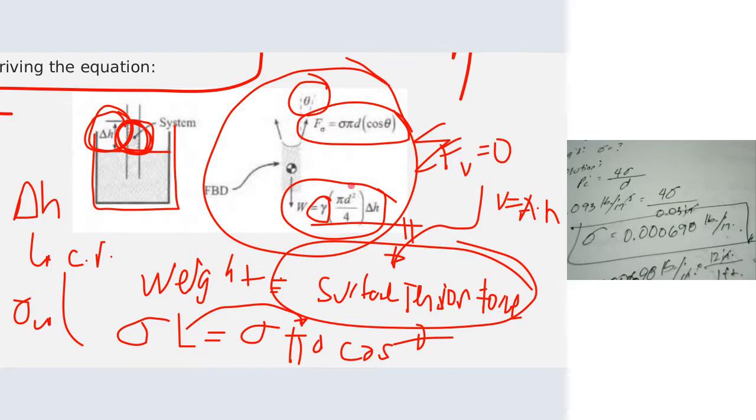So, ano ba yung area nung cylindrical na tube? So, cylinder siya. So, ibig sabihin, yung cross-section niya is circle. So, kaya ginamit natin yung area ng circle. Pi d squared over 4. And then we multiply the height. Okay?